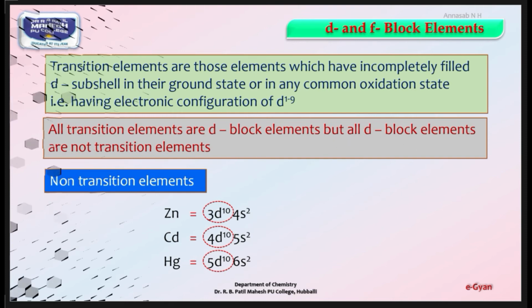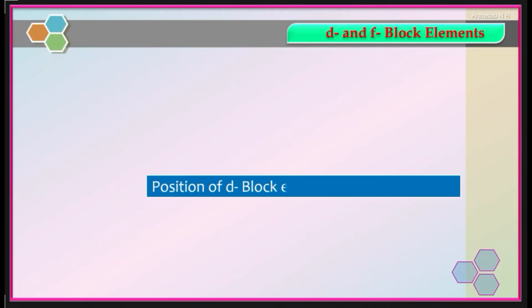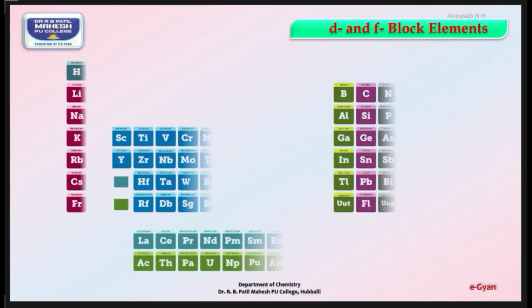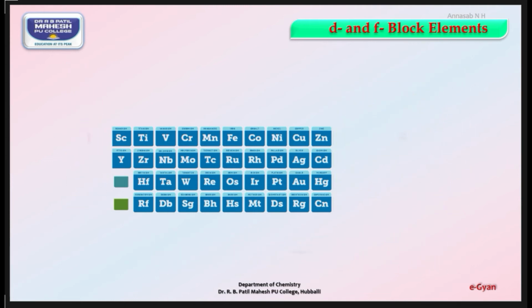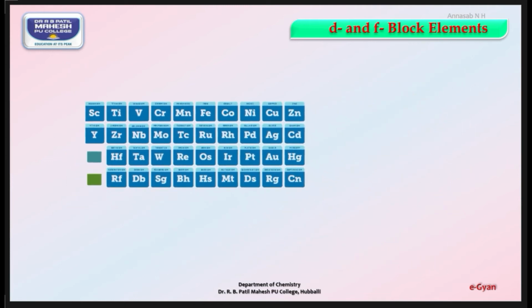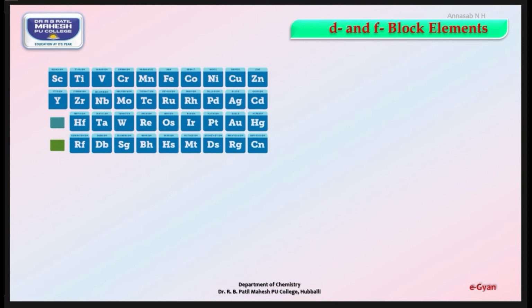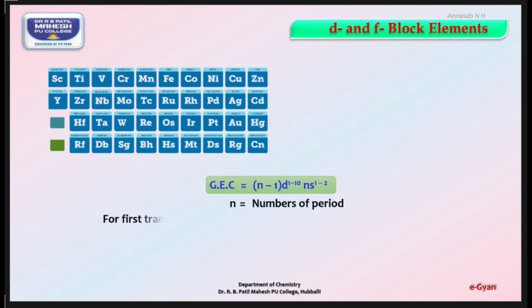Moving further, the next part of the video lecture: position of d block elements in the periodic table. So we all know this is the modern periodic table, where the d block is present in the middle of the periodic table. The general electronic configuration is (n-1)d1 to 10, ns1 to 2, where n is the number of the period.